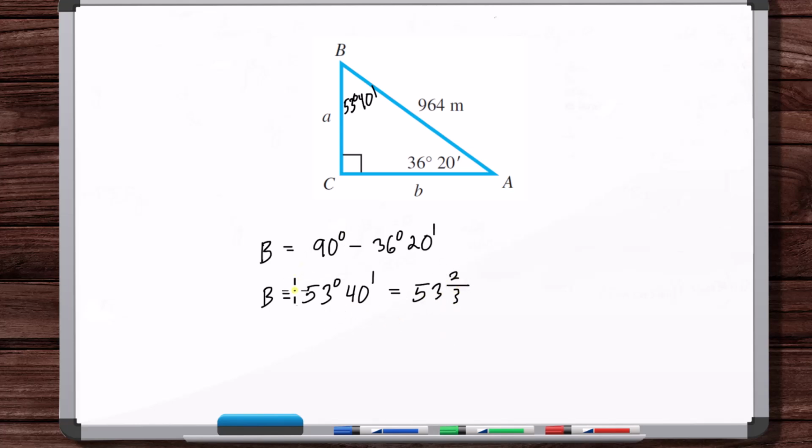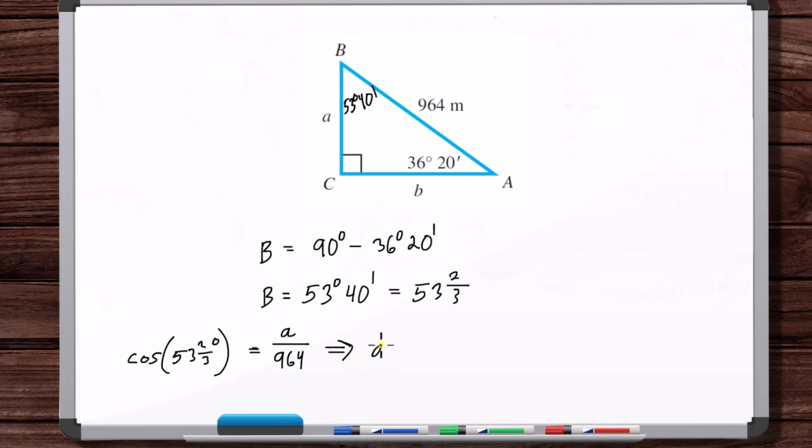All right, now let's take the cosine or the sine of B to find lowercase a or b. Let's just do cosine. The cosine of 53 and 2/3 degrees is equal to the adjacent over the hypotenuse.